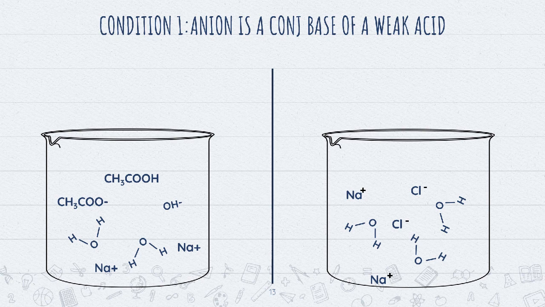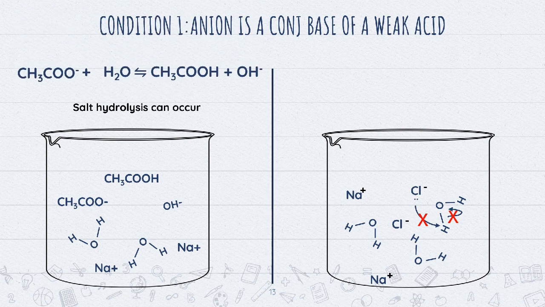Now focusing on the right-hand side, we have our chloride anion, and it's a weak conjugate base. As a weak base, it is unable to perform the same deprotonation of H2O as ethanoate.